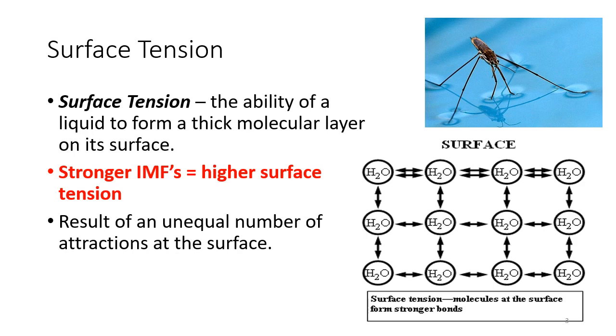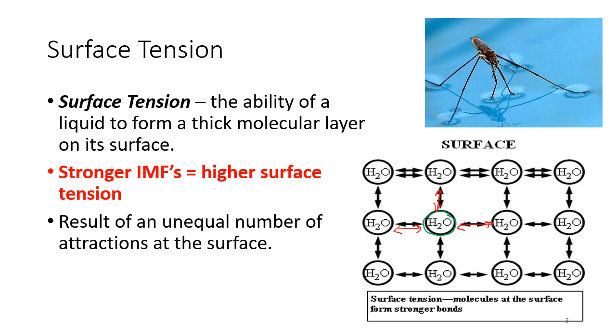Surface tension is the ability of a liquid to form a thick molecular layer on its surface. If you've ever seen a bug walking on the surface of water, this can happen because water will be able to form a strong surface tension. Molecules that are in the middle of the sample have intermolecular forces forming between them all around them.